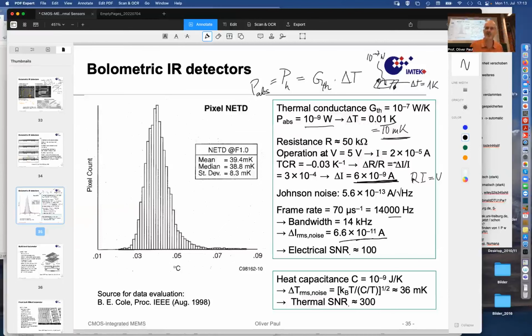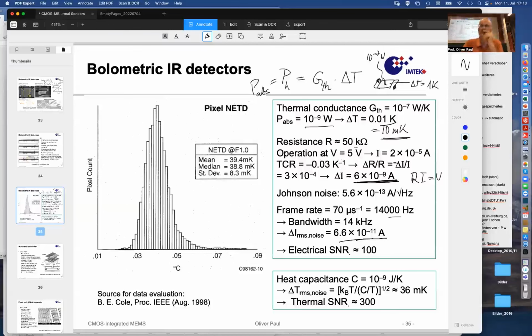So there is an electrical signal to noise ratio of 100. So there is a lot of space electrically for measuring that temperature change, thanks to that material with its large temperature coefficient and its reasonably low resistance.